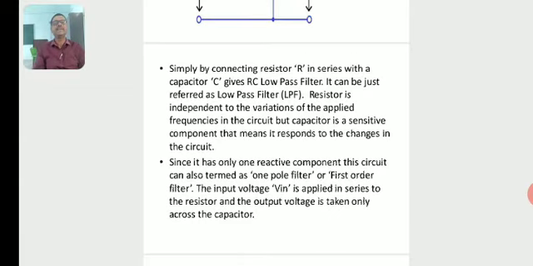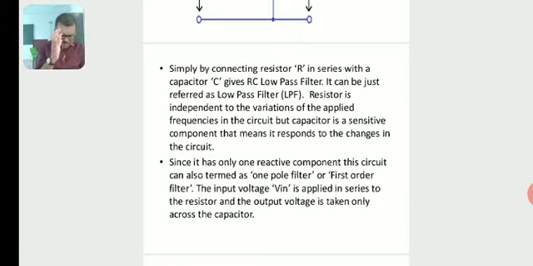A resistor is independent of the variation of the applied frequency in the circuit, but a capacitor is a sensitive component. That means it responds to changes in the circuit.